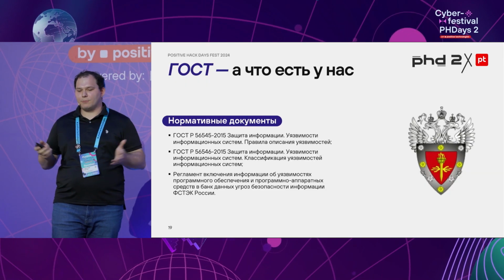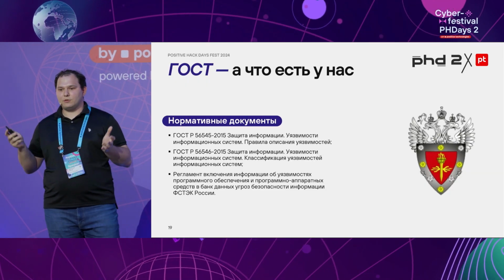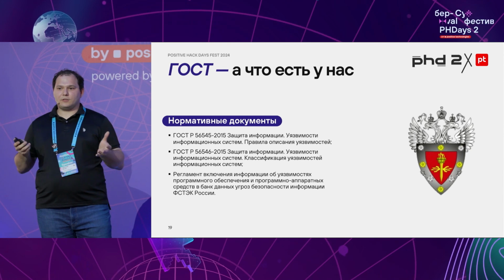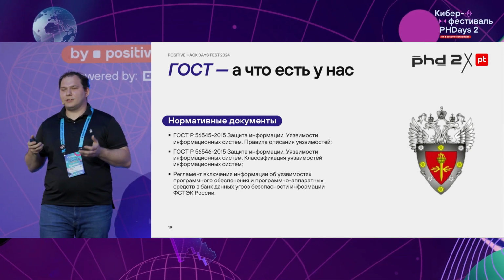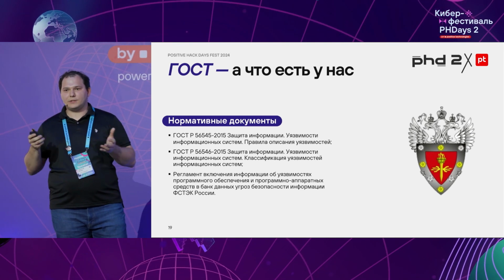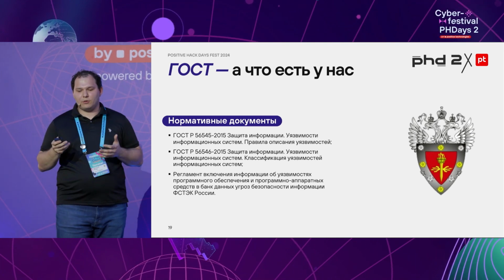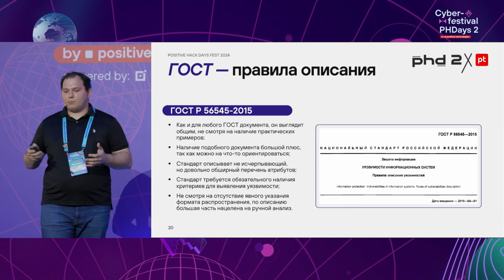Okay, the next one is the Russian national standard, GOST. So we have some regulations, and one of them would be the rules for describing vulnerabilities. Well, these documents are published in the stack, and then you can go and have a look.